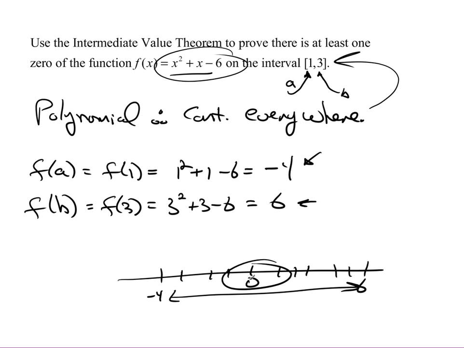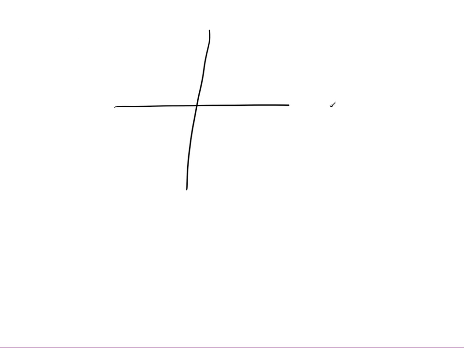So there is some value c. Let me change this to x and y axes. On the y-axis, I'm down here at negative 4. I'm up here at 6. 0 is between negative 4 and 6. So I don't know what this function looks like. Actually, I kind of do.